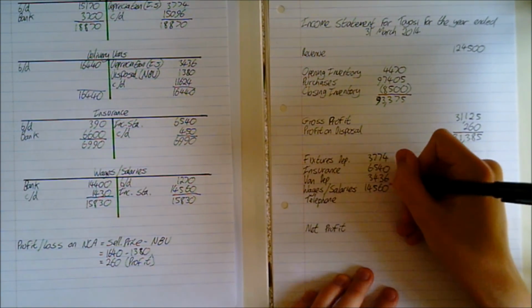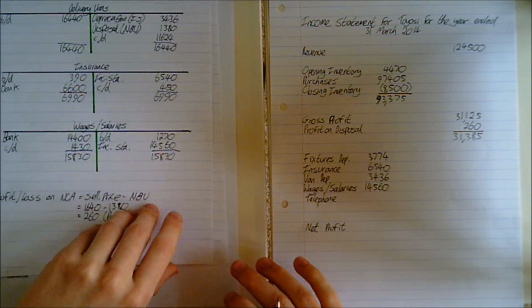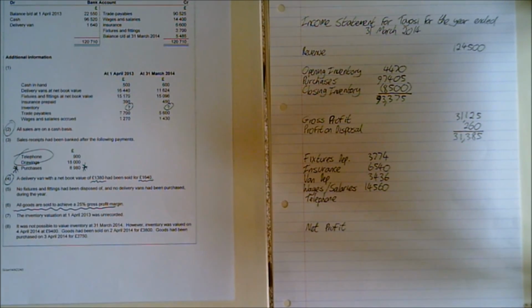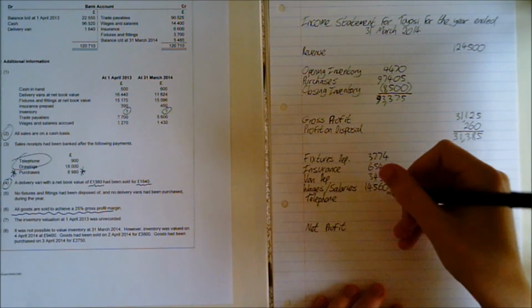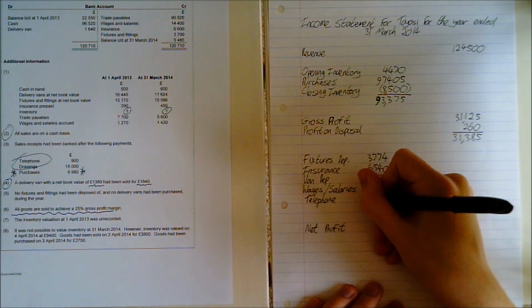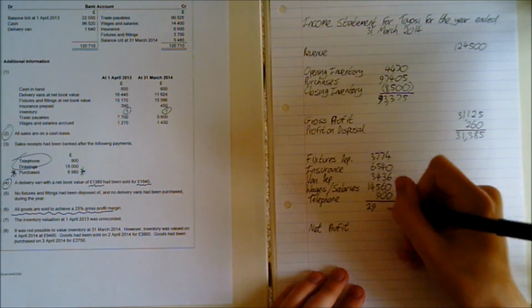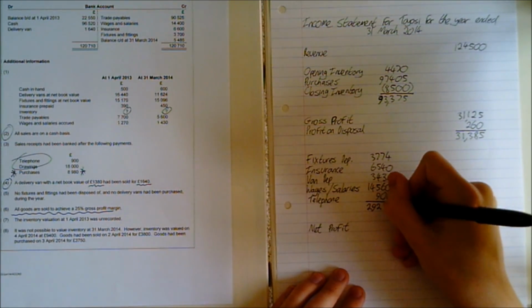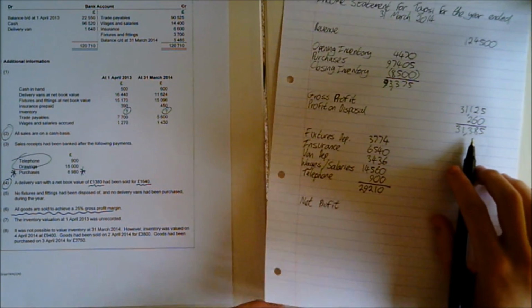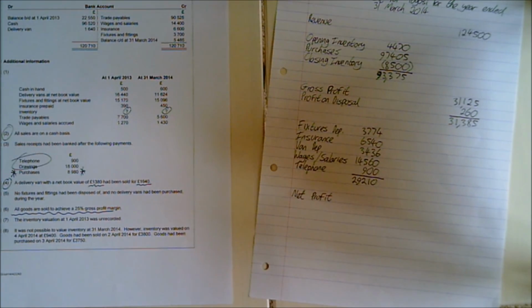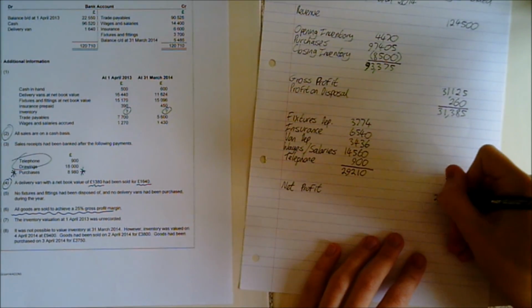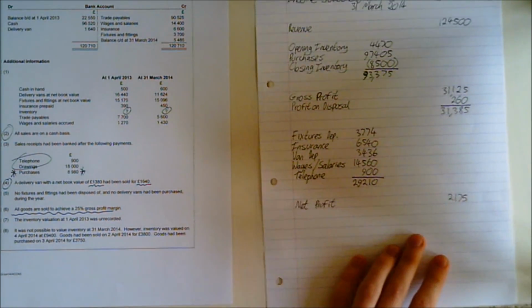And as I said just a minute ago, I'm just going to throw the telephone payment figure in of 900, bringing my total expenses to 29,210. I'm just going to take that away from that profit figure, and I'm going to get 2,175, and that's it.